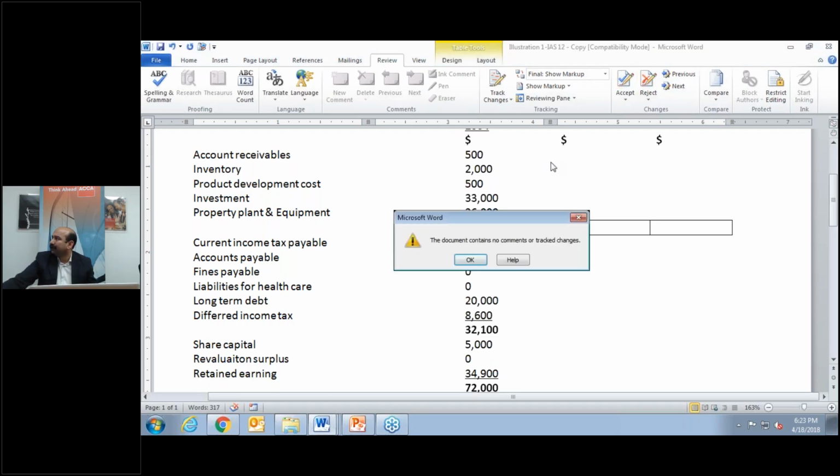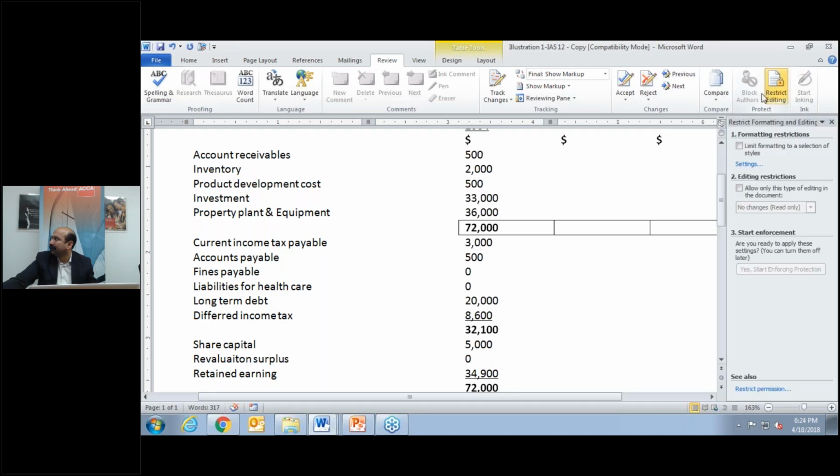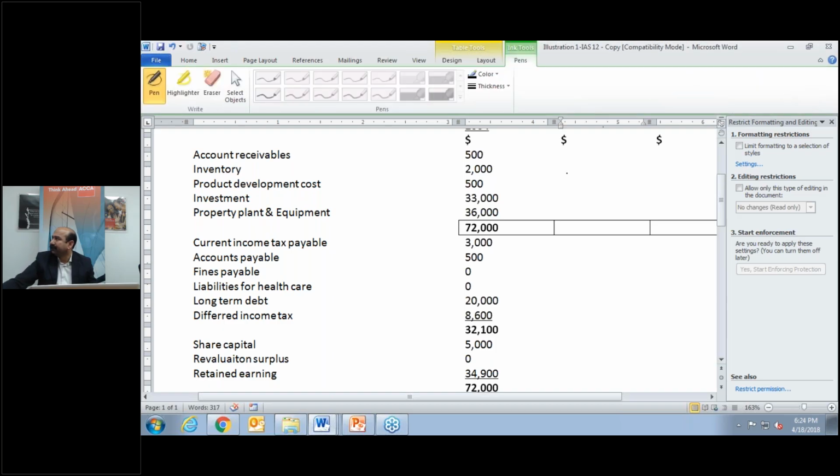Okay, no comment or track change. It is restricting editing. Editing restrictions start in person. You want to write this time? Okay, it has started. Okay, fine. So we want to close this as well.